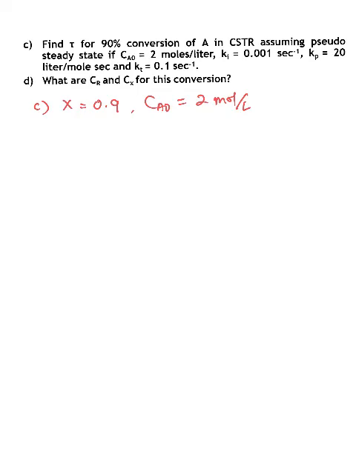But the mass balance equation for the reactor should be based on the overall reaction rate. So from question B, we already have the overall rate law equation: the rate of reaction equals KP KI per KT CA square.